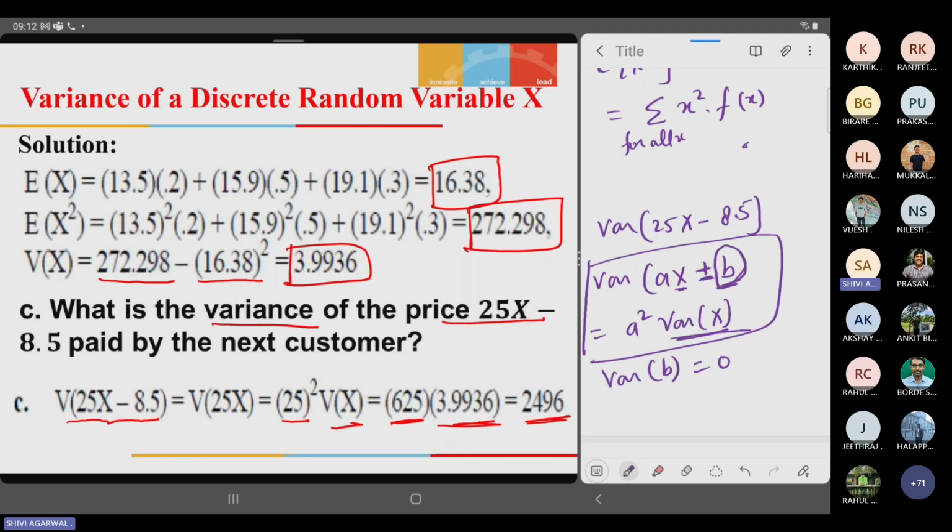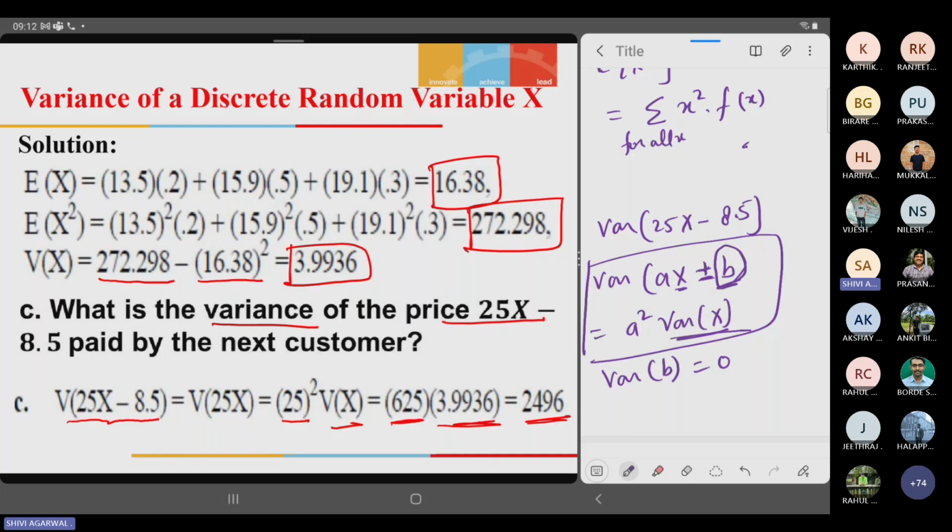Is it clear to all of you? Any doubt or query about finding the mean and variance? It is direct formula based. I wrote the formula for the expected value of x so many times, and using the expected value of x square and the expected value of x, you can find the variance.